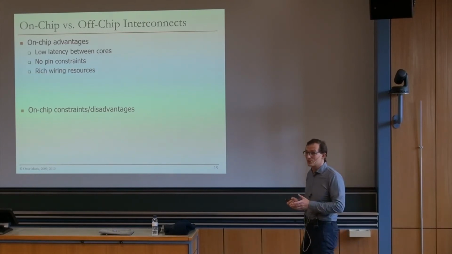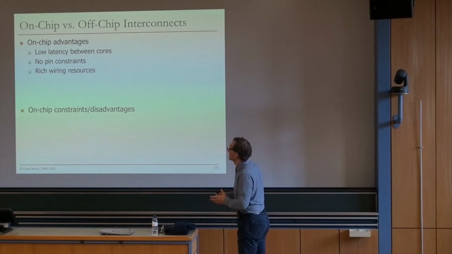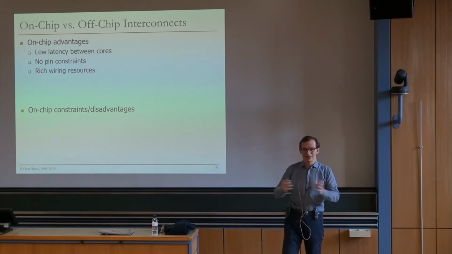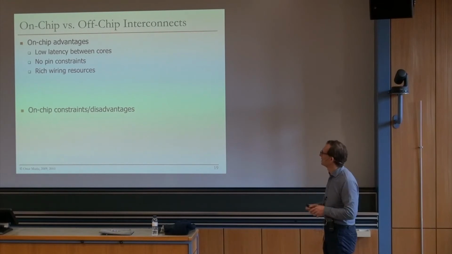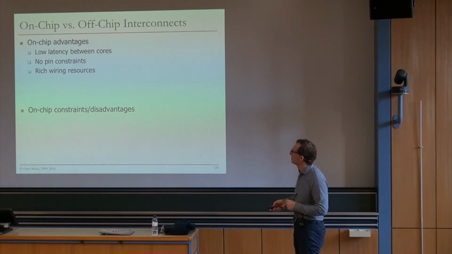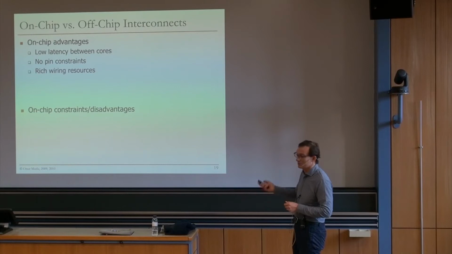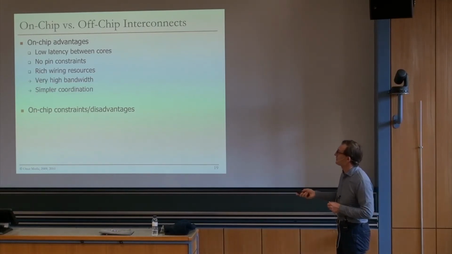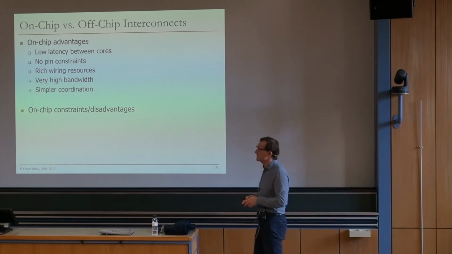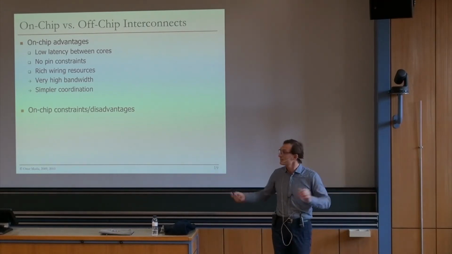There are rich wiring resources compared to off-chip again. If you think about off-chip, you have real big wires, but these are also real wires, but you can even think of them as small nanowires, right? People are actually working on even smaller wires. As a result, you have very high bandwidth on chip, and you may have simpler coordination because you're restricted to on-chip, right?